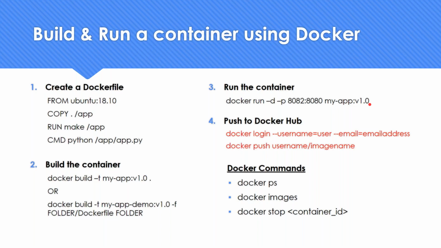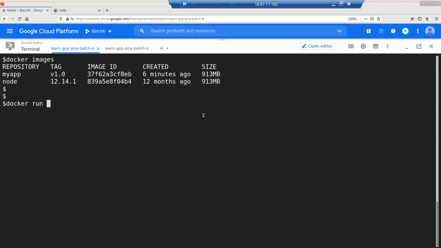Let's go and try it. So -d in daemon mode, -p the port. I'm purposely going to use port 9000 so that I can show you a different port. 8080, my app name, my app, the version is, that's it.